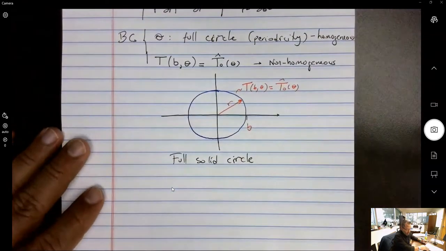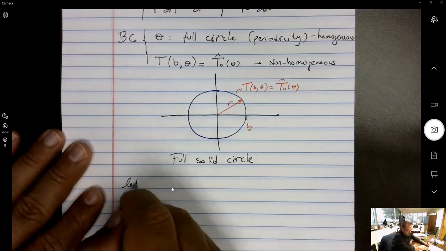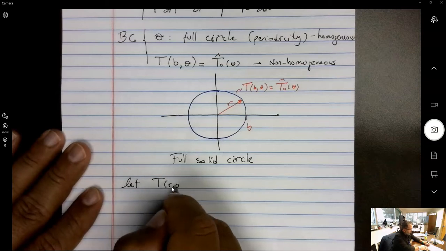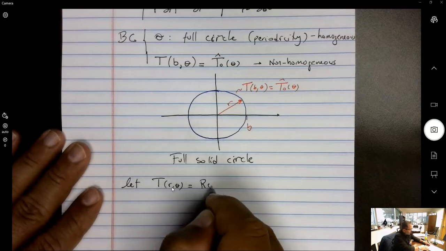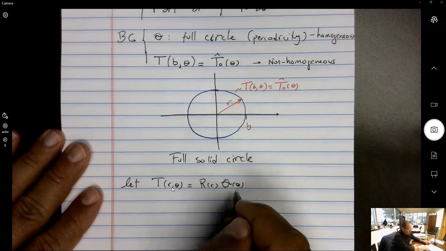Okay. So we are going to let T of r and theta be equal to R of r times Theta of theta.